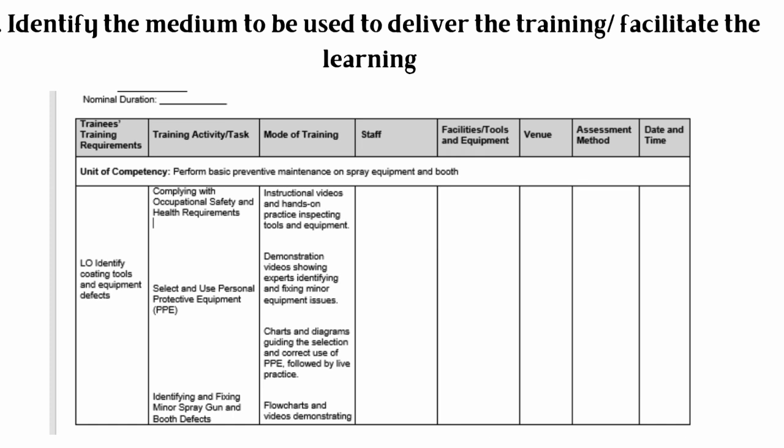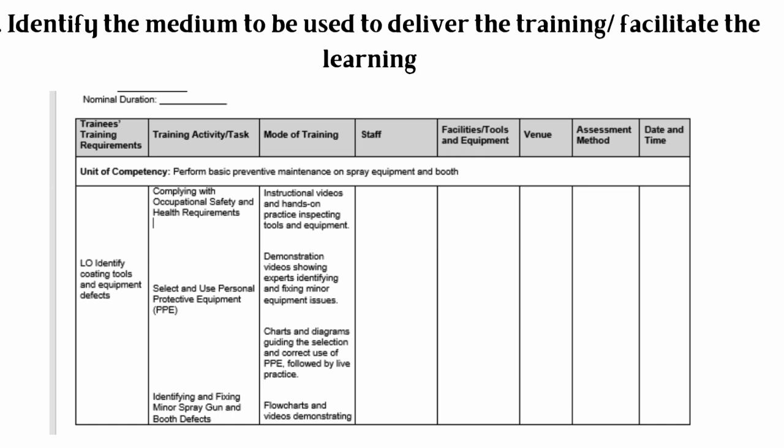The next is to identify the medium to be used to deliver the training and the facilities to learn. In order to learn these learning outcomes, we need to classify the mode of training, for which we refer to the TNA result on learning style to specify the mode of training.